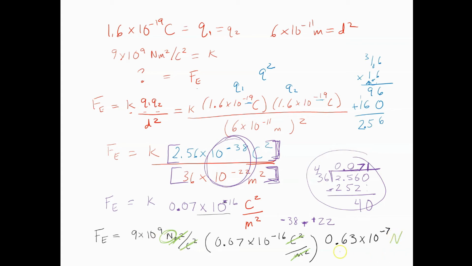Hey, what is supposed to be the SI unit of force? Indeed, the Newton. This is one of the reasons why I like to keep my units all the way throughout the problem. By doing that, if I'm working through the math of the units and I see my unit ends up with what it's supposed to be, I'm pretty confident that this number is correct. Ooh, is this number correct?